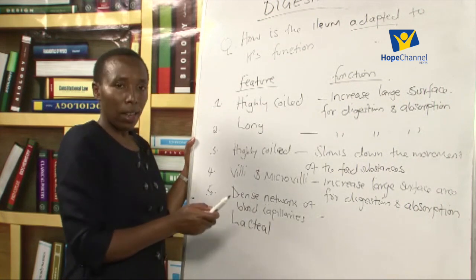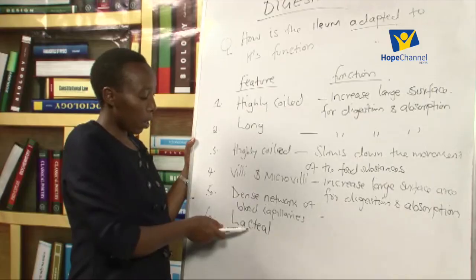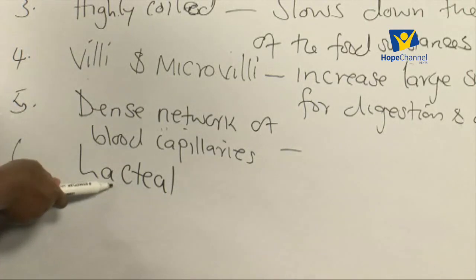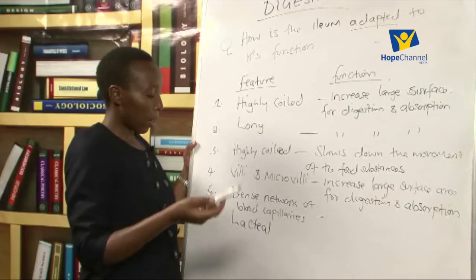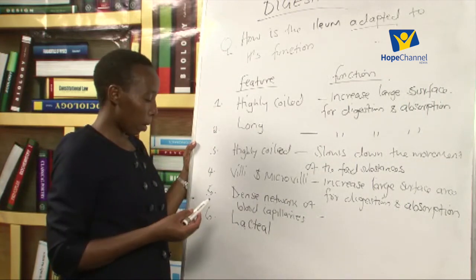But the fatty acids and the glycerol are absorbed into the lacteal. The moment they are absorbed into the lacteal, the lacteal drains them into the lymphatic system, which later will join into the blood system.